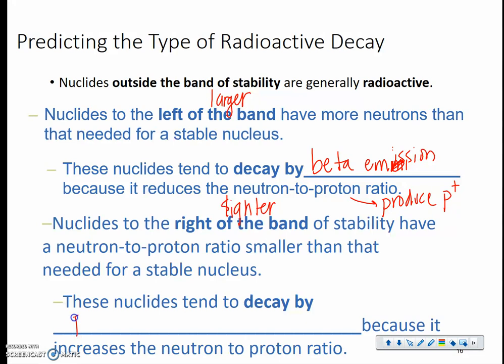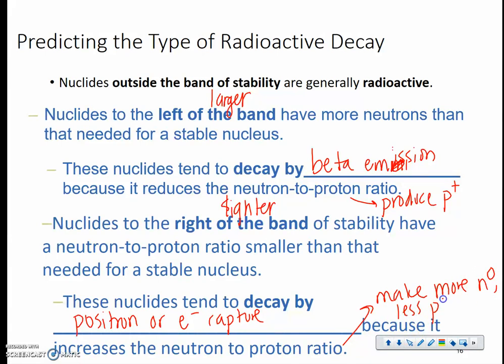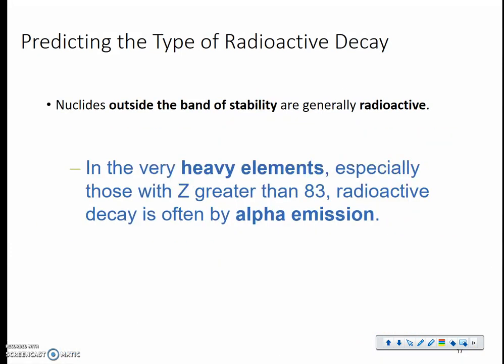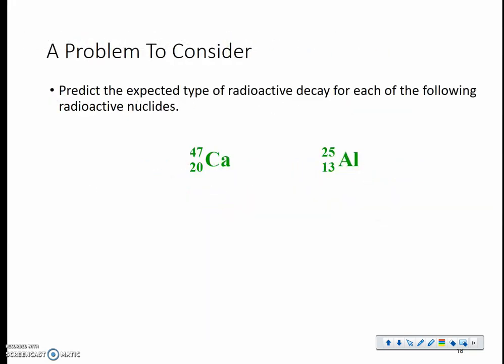We can do that by doing positron emission or electron capture. In both of these, we're going to get more neutrons and have fewer protons in the process. If they're very heavy, greater than 83, they'll tend to undergo alpha emission. So if we have these two, we've got calcium-47.